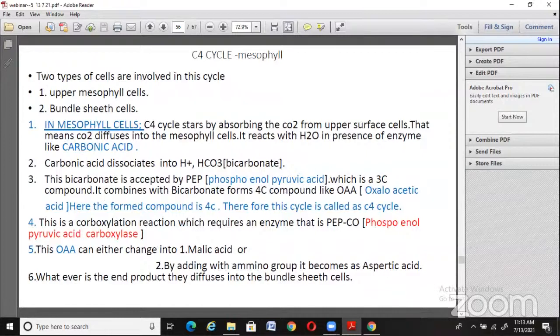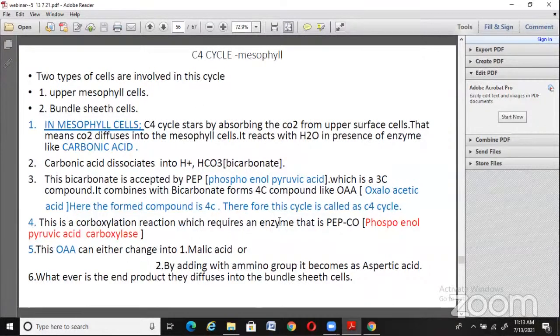By the combination of these two, a 4C compound is produced, which is called oxaloacetic acid. This is the second step. That means addition of a bicarbonate with the PEP results in the formation of a 4C compound like oxaloacetic acid. And because of the formation of a 4C compound, it is called the C4 cycle.